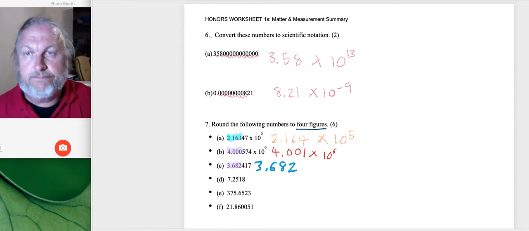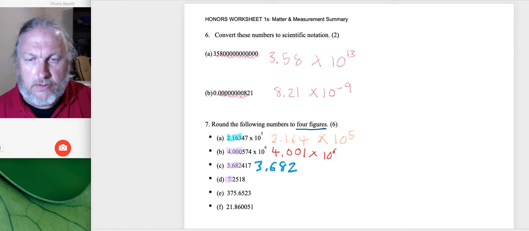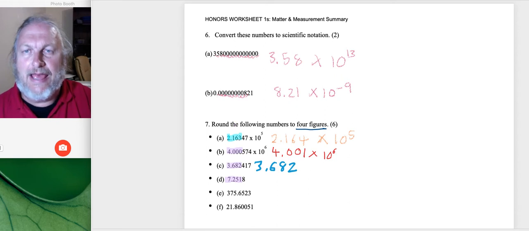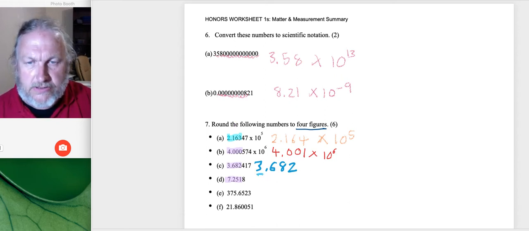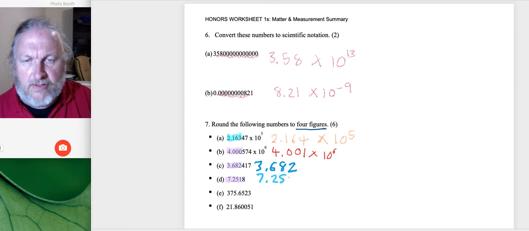I'm done. Let's look at this one. It's 1, 2, 3, 4. Look to the right. That's an 8, so I've got to round that up. I'm going to write this down as 7.252, because I had to round that one up since there's an 8 next to it.